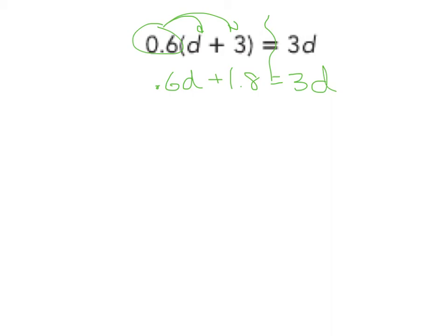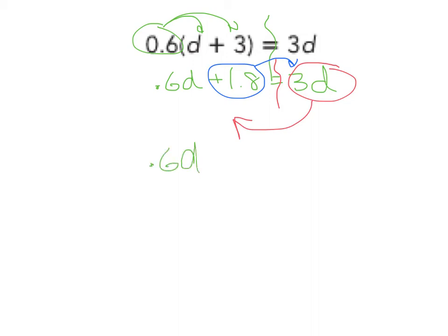So now I want to draw my wall. I want to get this 3d to the left, and I want to get this 1.8 to the right. Because remember, it's letters left, numbers right. So this will become 0.6d minus 3d equals negative 1.8.